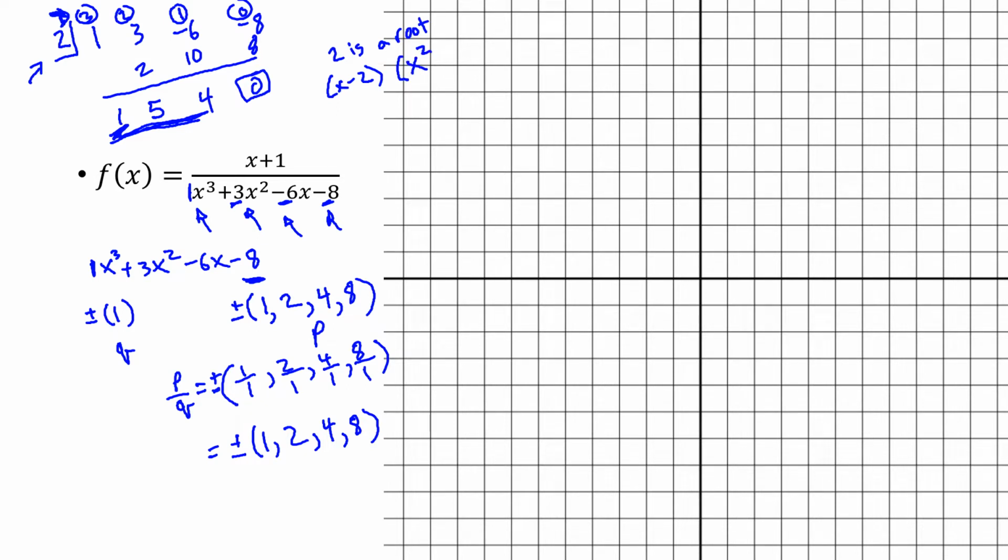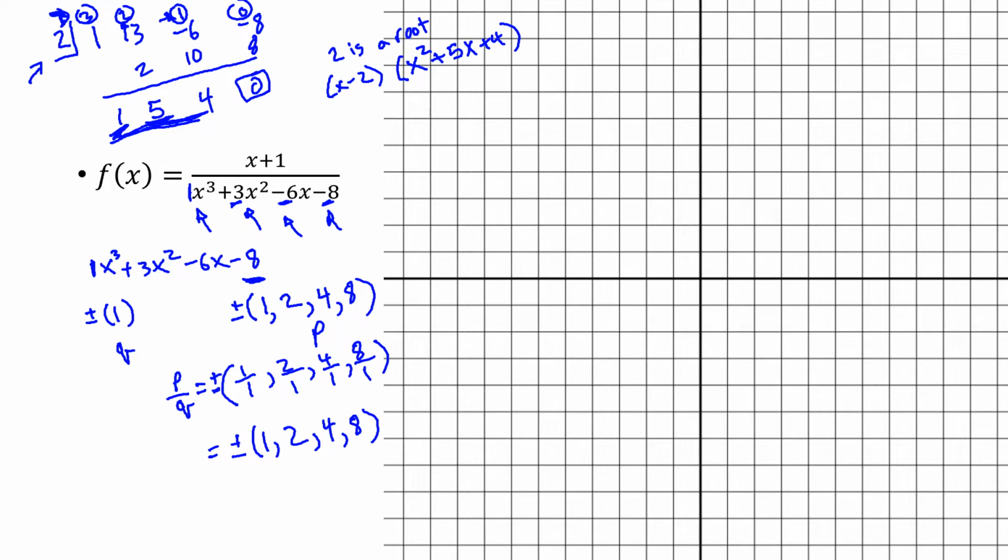So x squared is what we're going to write. And this 5, if we drop this power by 1, would become 5x. And this 1, drop that by 1, that means that that 4 at the end is a constant. So we've basically started on factoring the denominator.